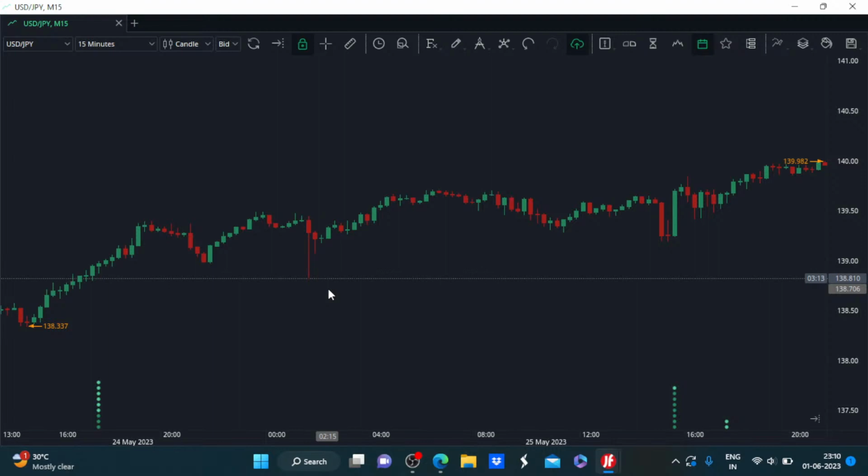Alright, now let us see what we can do in terms of editing. And there is not much which we can do for editing these candlestick formations. All we can do is vary the color, but apart from that, there is not much we can do with these formations.